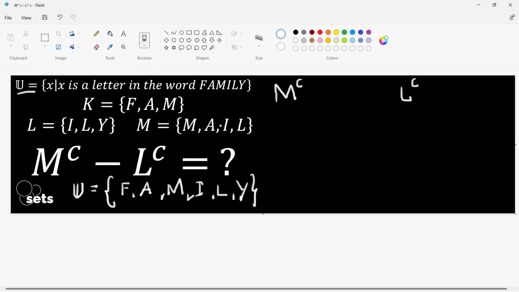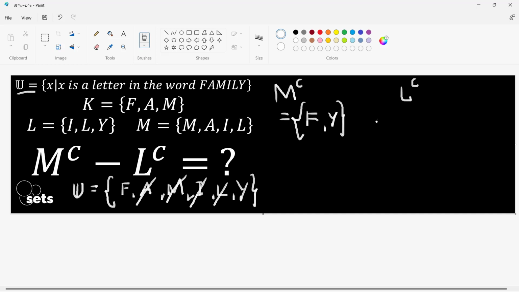We know that the elements of set M are M, A, I, and L. If we remove all of these four from the universal set, we can cross out A because it's there, M because it's there, as well as I and L. With this, we are left with elements F and Y, and this should be the content of the complement of M. We have here the set containing F and Y. This is for the complement of M.